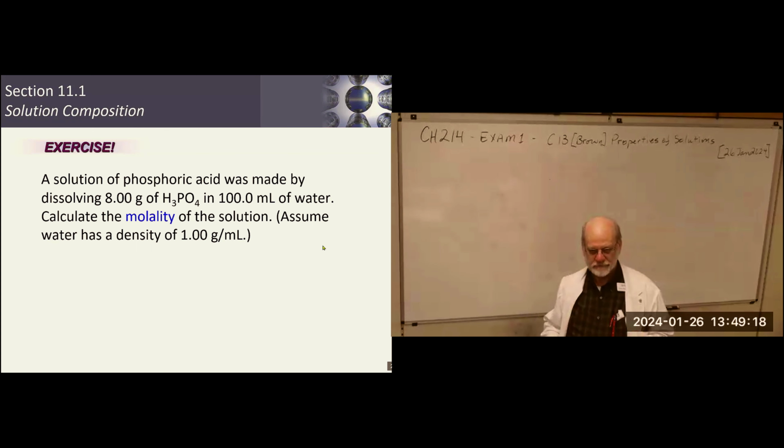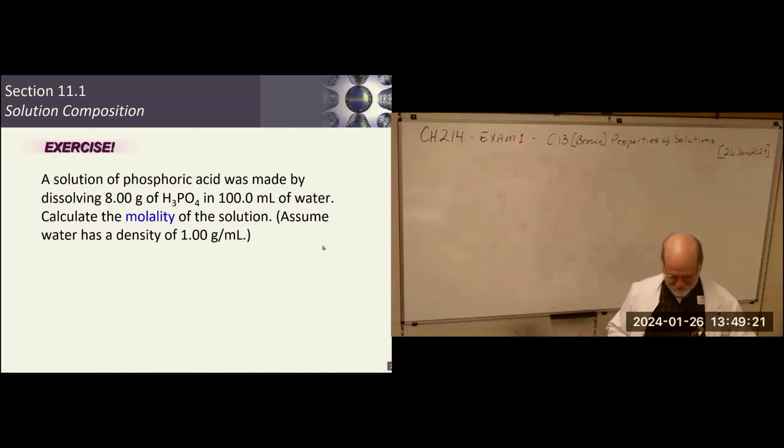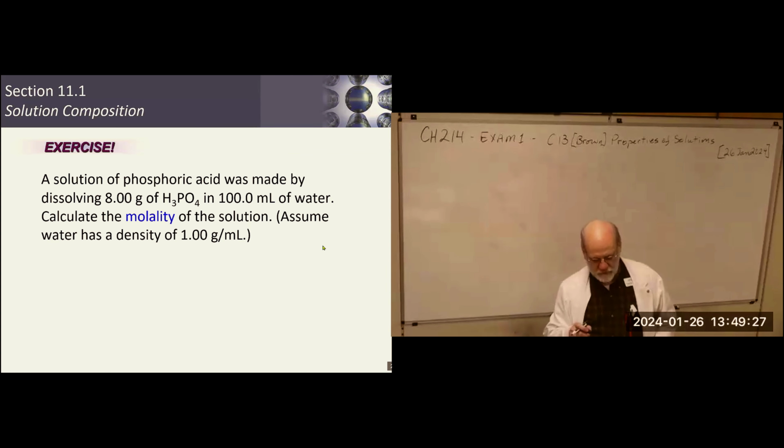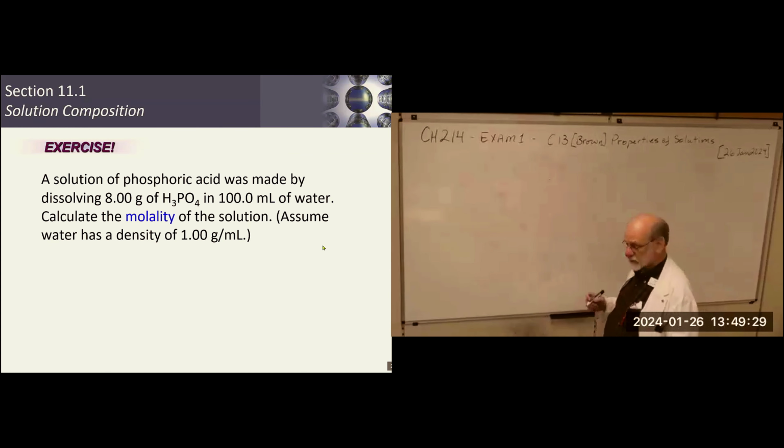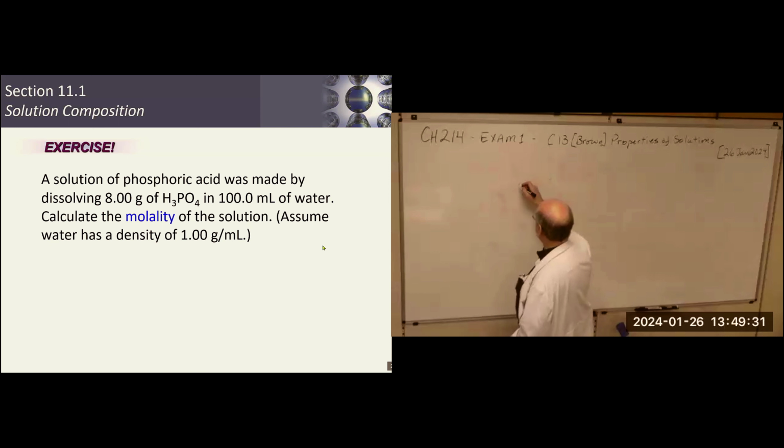This is molality, not mole fraction. And 100 mils of water. Calculate the molality of the solution. Okay. I guess I'm going to have to start from scratch again. So molality is moles of solute per kilogram of solvent.